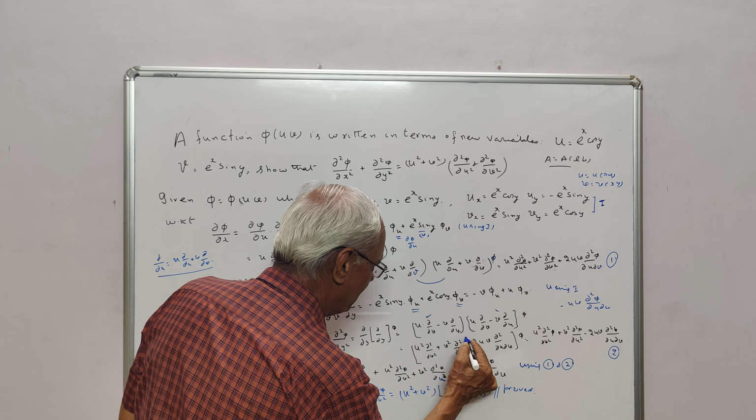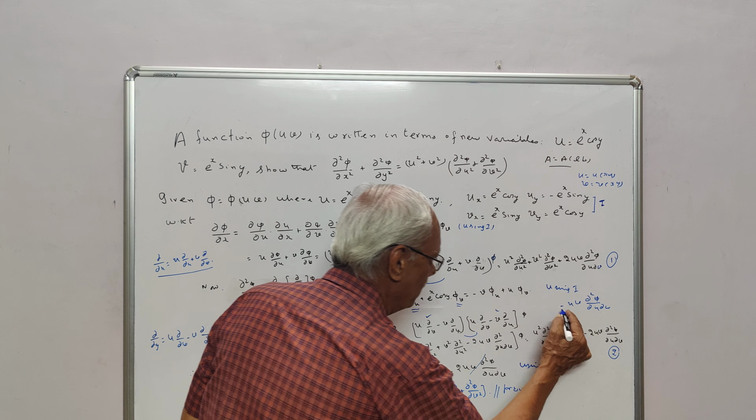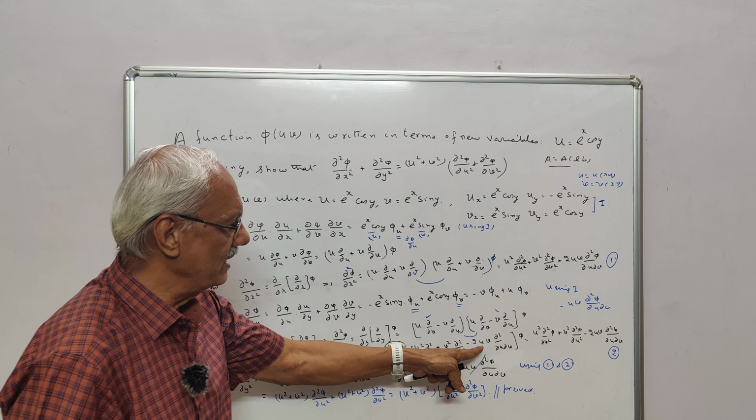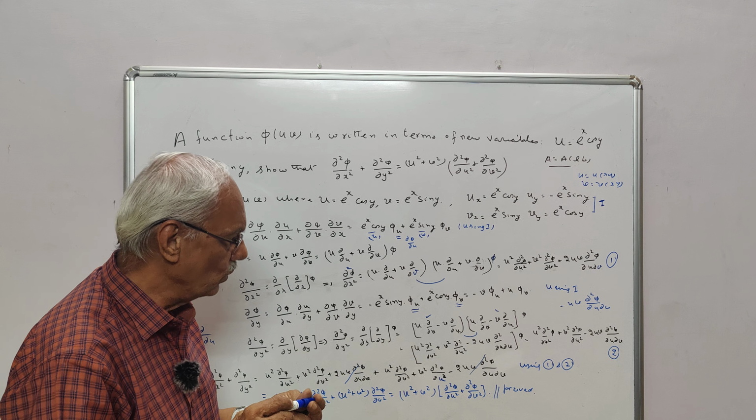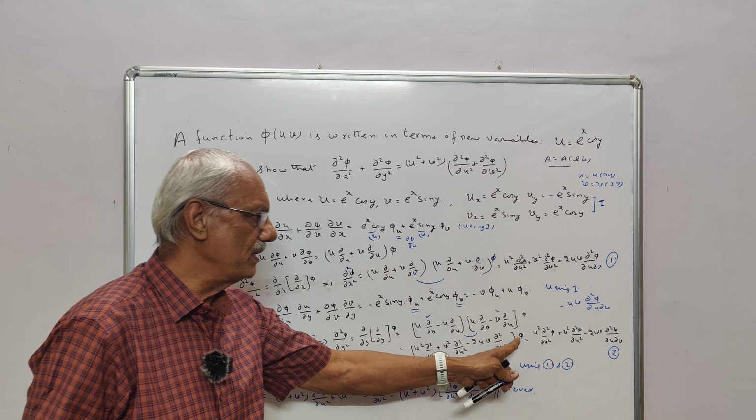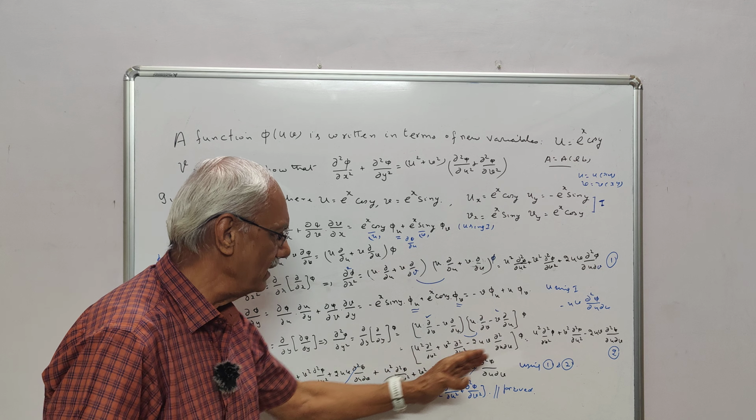Similarly, when you multiply this and this, you will get again minus of this. That is why I have written it as minus 2 times uv into ∂²/∂u∂v operated on φ.